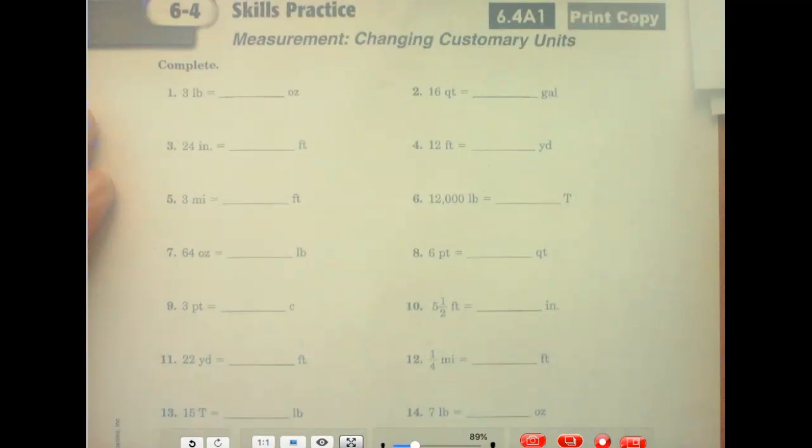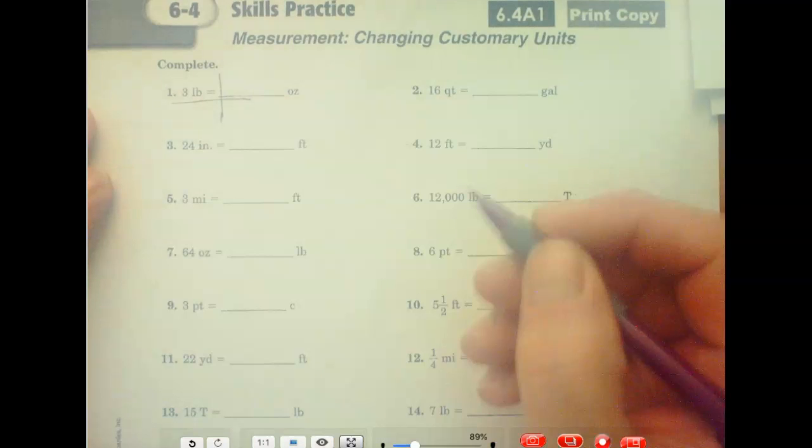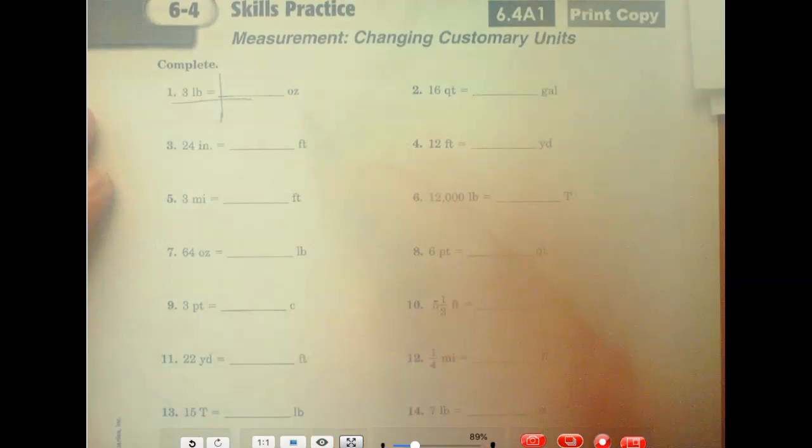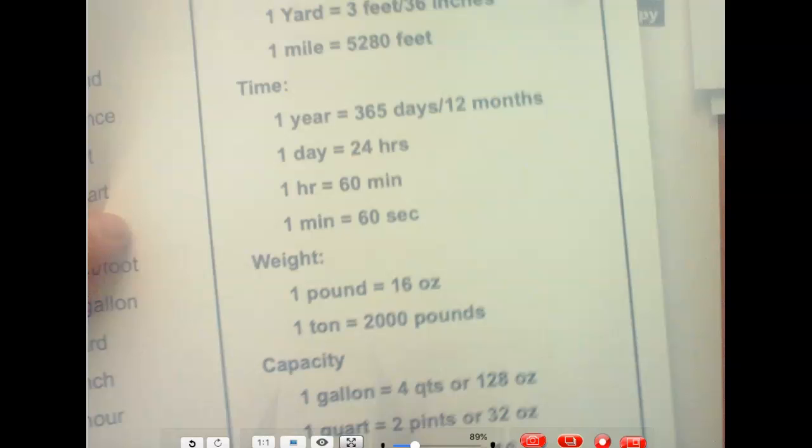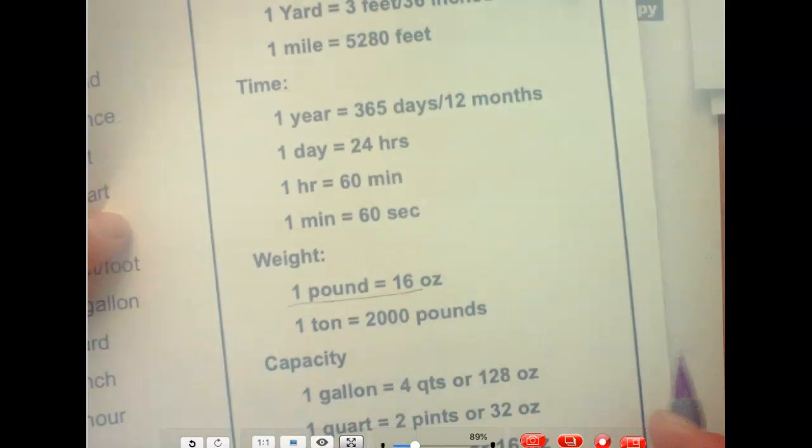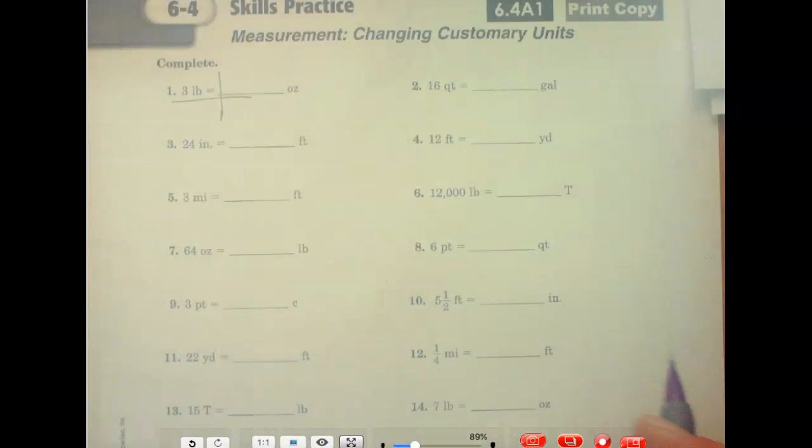Well, let's get going here. Well, I like to use the box to do these because it helps me organize my thinking. So 3 pounds is how many ounces? Well, just to show you, I would go on this sheet here and I would find pound to ounces, and here I find 1 pound is 16 ounces. So I'm going to go up here and I'm going to put down that 1 pound is 16 ounces.